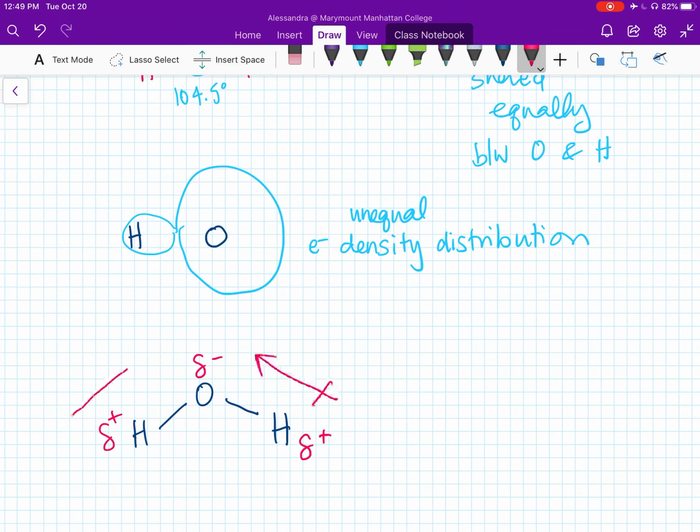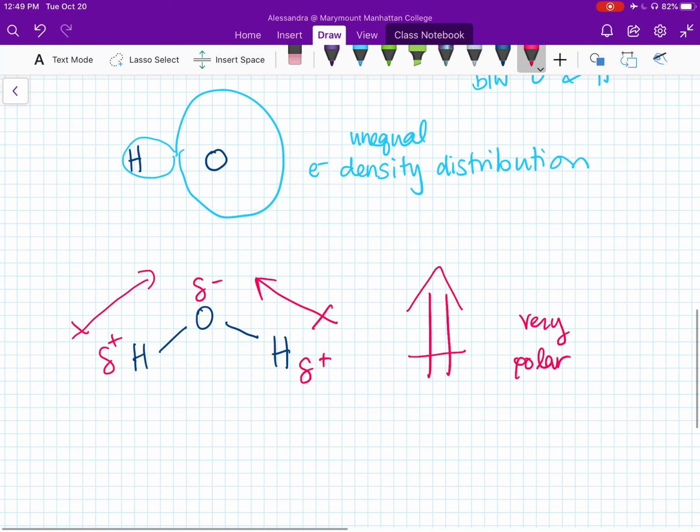We can draw bond dipoles, pointing towards that more electronegative element, up towards the oxygen. So this is a very polar molecule due to its polar bonds and its asymmetry, its bent structure. And its polarity is what makes it such a good solvent.